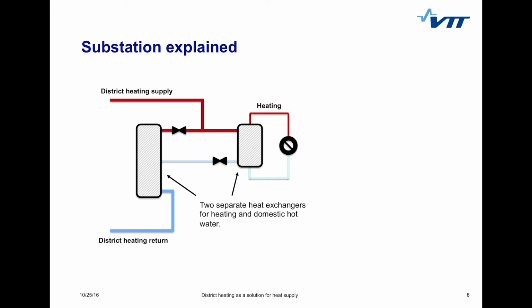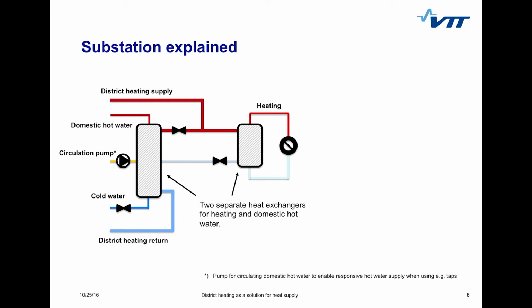Heat distribution system on the secondary side can be, for example, radiators or floor heating. For domestic hot water supply, cold water flows through the heat exchanger and is heated up to a defined temperature. A separate circulation enables an acceptable response time for hot water supply in larger buildings. That is, you get hot water service almost immediately when you turn on a tap.